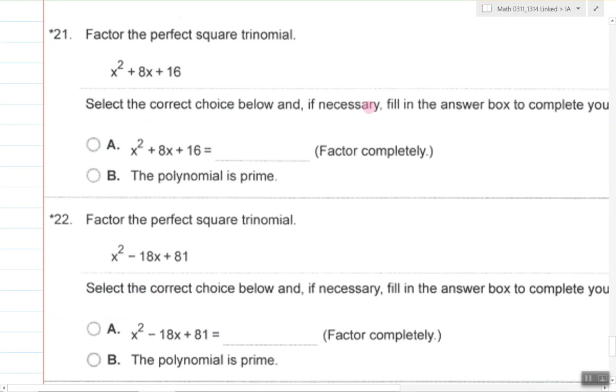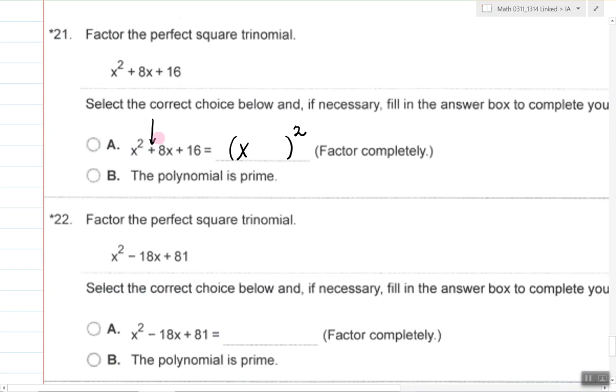All right, I have already talked about perfect square trinomials, but we're going to go over it a little bit. They are really telling you, it says factor the perfect square trinomial. Now, if this is a perfect square trinomial, which it is, and they're telling you so, then your answer is going to have a square, and it will be the square root of the first term, so that's x.